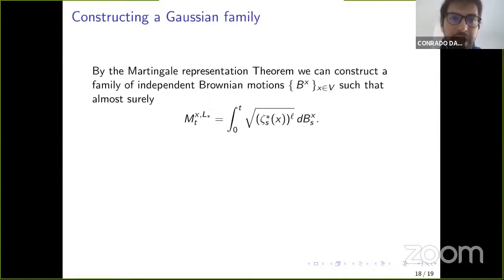And now we are going to build the Gaussian family, which is the step in the construction of the martingale representation of our projections. So take any projection, we can show that each coordinate that we have here is actually a stochastic integral with this variance scaling.